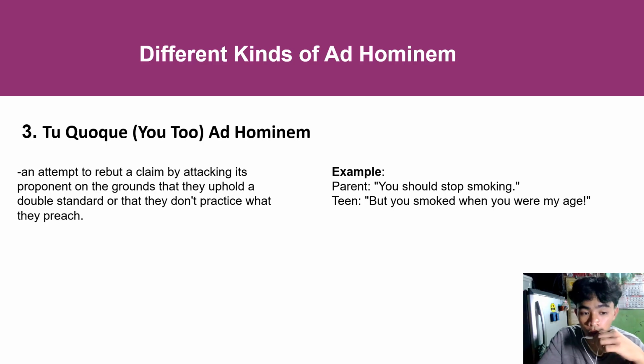So the next is tu quoque ad hominem, an attempt to rebut a claim by attacking its proponent on the grounds that they uphold a double standard or that they don't practice what they preach. Example, parents say, you should stop smoking. Then the teen responds, but you smoked when you were my age.